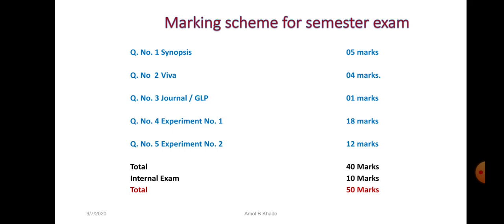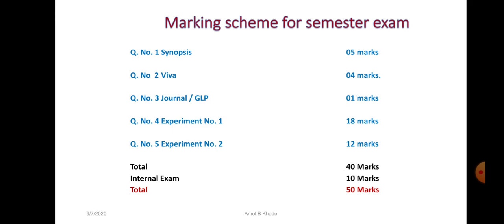Then question number 4, that is experiment number 1, we consider as a major experiment. So that carries the maximum marks, that is 18 marks. And question number 5 is experiment number 2, that is the minor experiment. It could be a TLC or a pKa determination, which carries 14 marks. So altogether your semester examination has 40 marks weightage, and of course we have one internal examination that carries 10 marks.